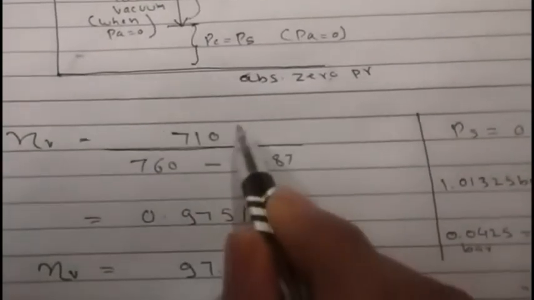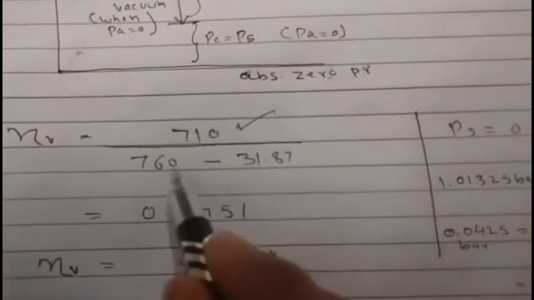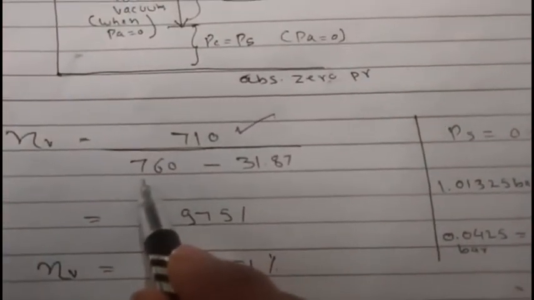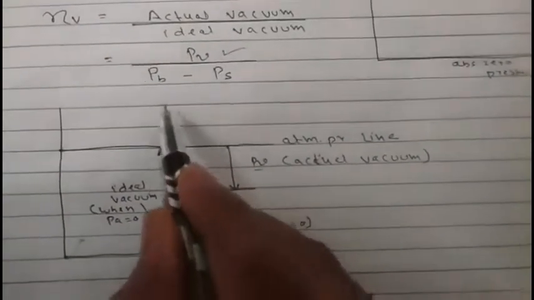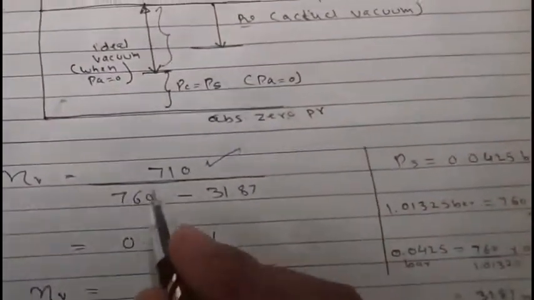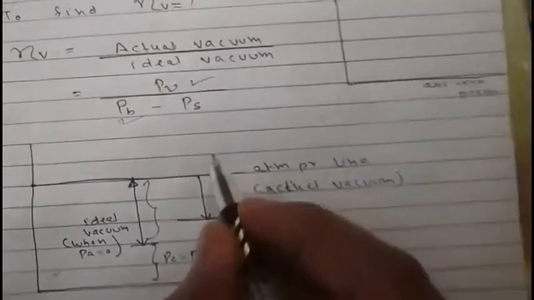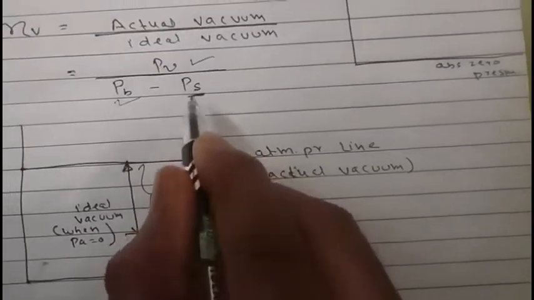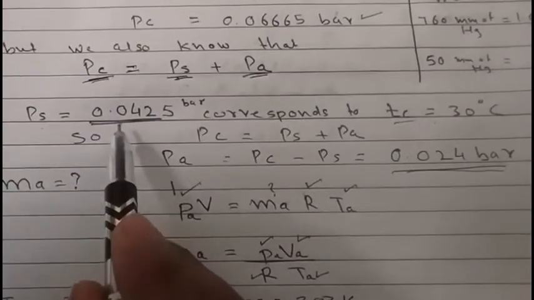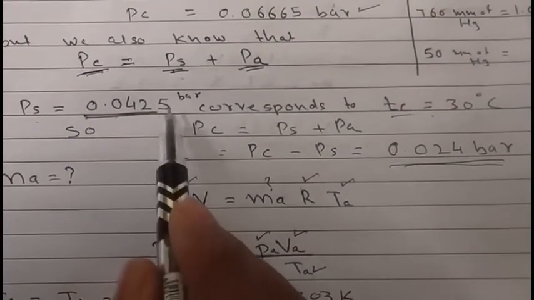Okay, so just put in the values. We know the actual vacuum is given as 710 mm of Hg. Then the barometer reading is given as 760 mm of Hg. Then the partial pressure of the steam that we have calculated comes out to be 0.0425 bar.